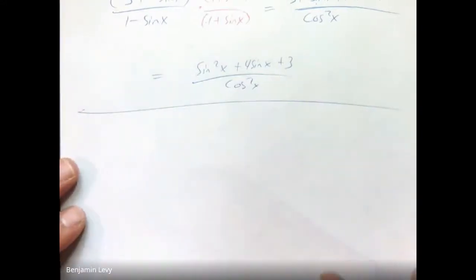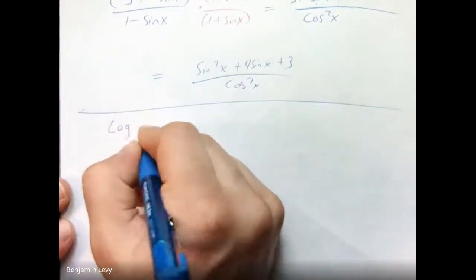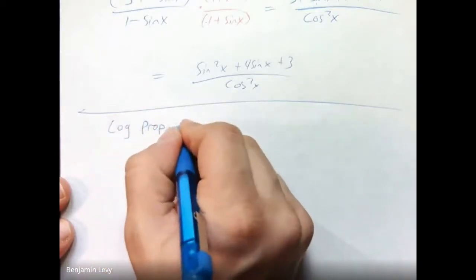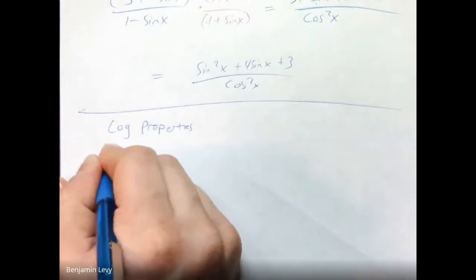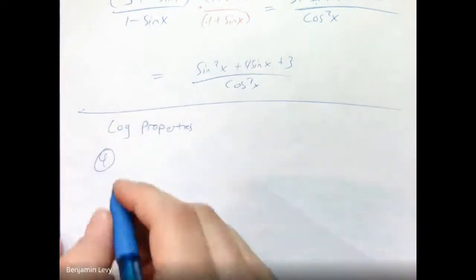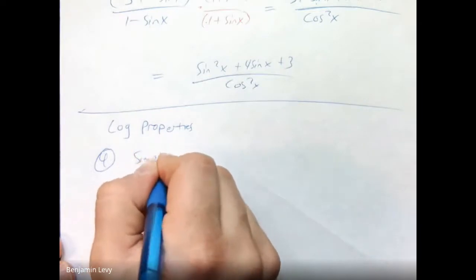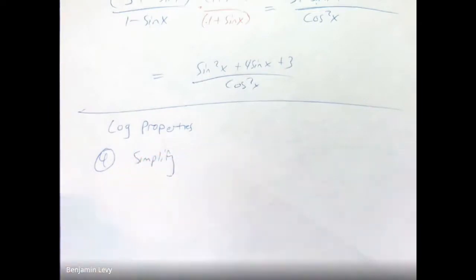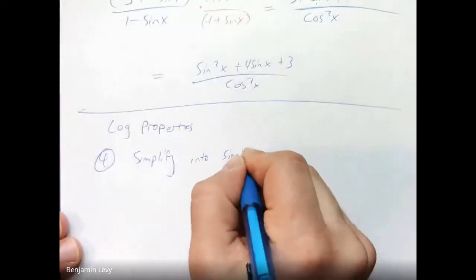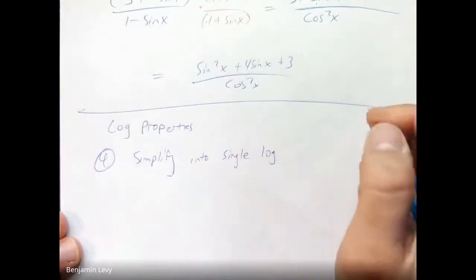So this one is log properties number 4. And it wants you to simplify a log into a single log. And you're going to use these properties.